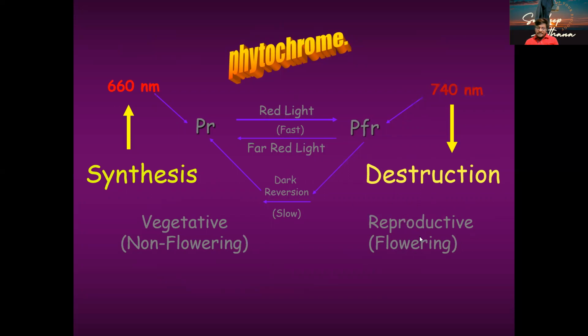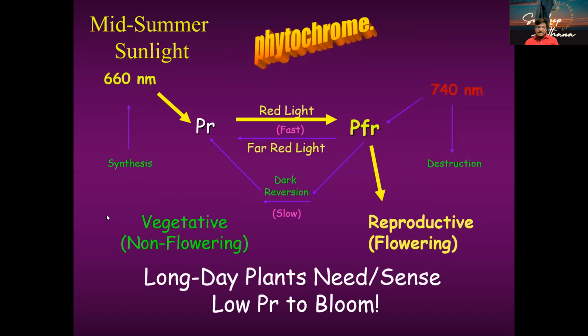So here is going to be reproductive flowering, and here are going to be vegetative phases. If you look at over here, mid-summer sunlight at 660 nanometer, PR is going to be converted to the PFR because of the red light, and again the flowering is going to happen. So long day plants need or sense low PR to bloom.